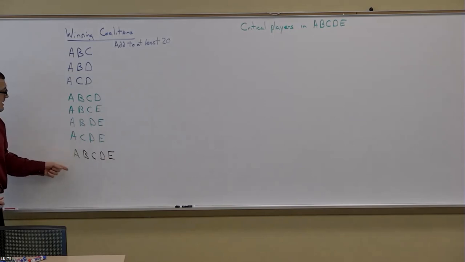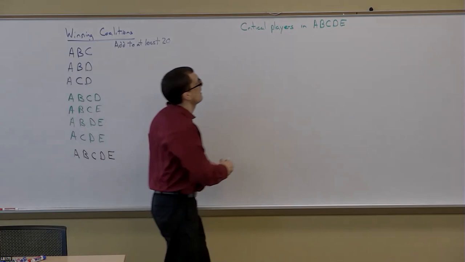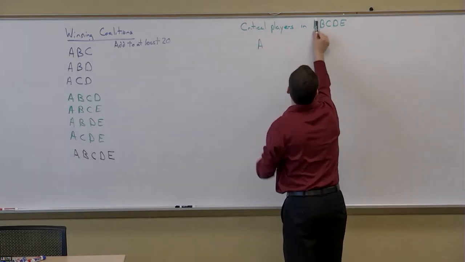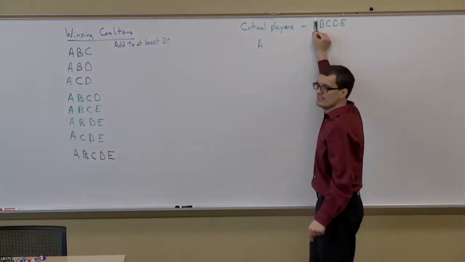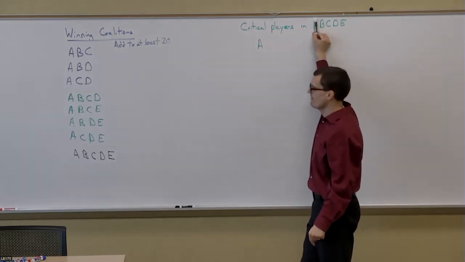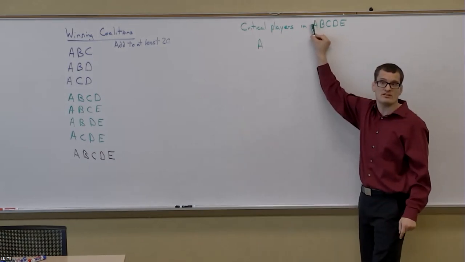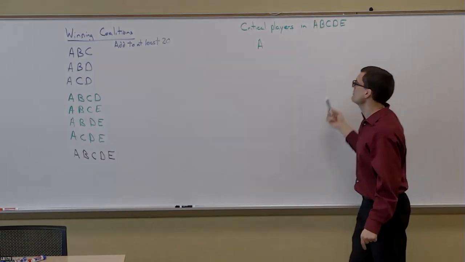If I drop out A, so drop A, I'm just left with B, C, D, E. That is not up there, right? So A is critical to this winning coalition.